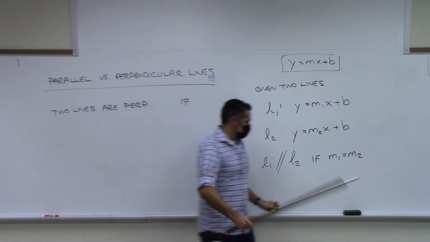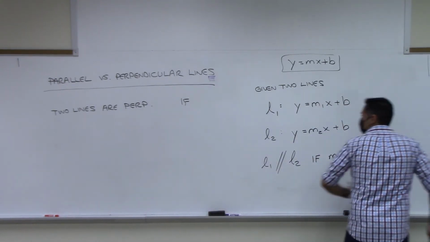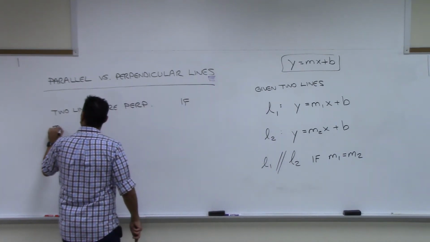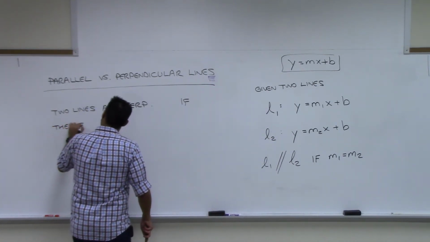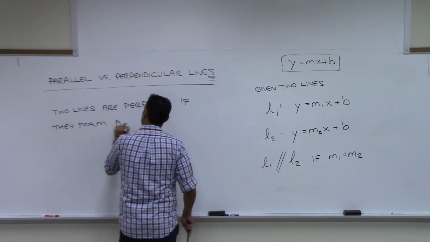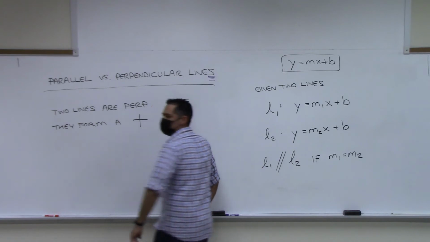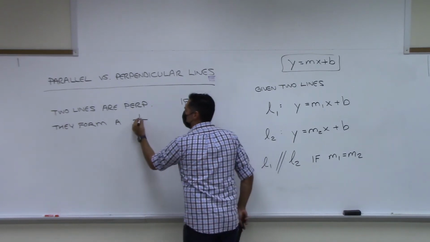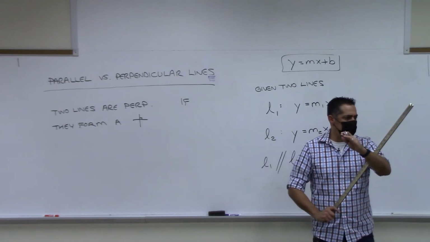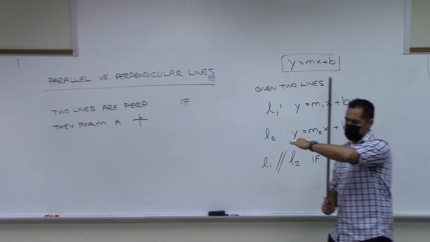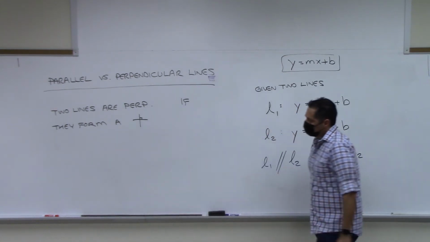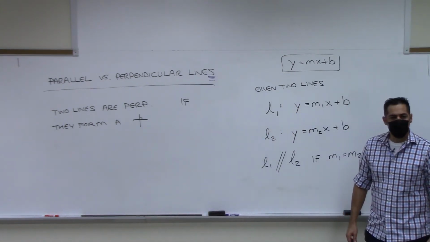So two lines are perpendicular if they form a T, and we call this a 90-degree angle. We're not going to study angles in here, but that's a 90-degree angle when they hit at a perfect cross, or perfect T. All right, good.